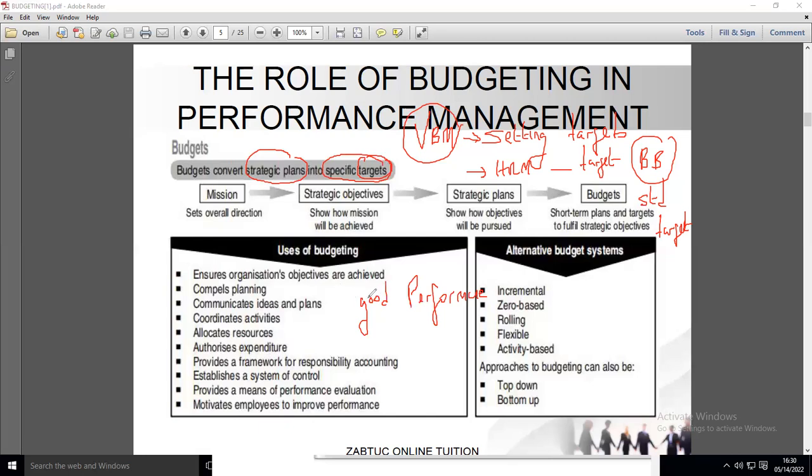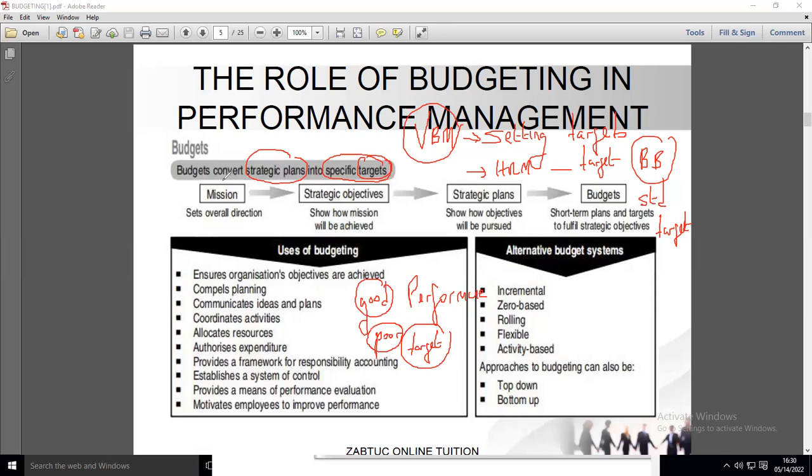When talking about good performance, or indeed poor performance, what is our yardstick? Our yardstick is some target that we have set, and the fact that this target has not been met.